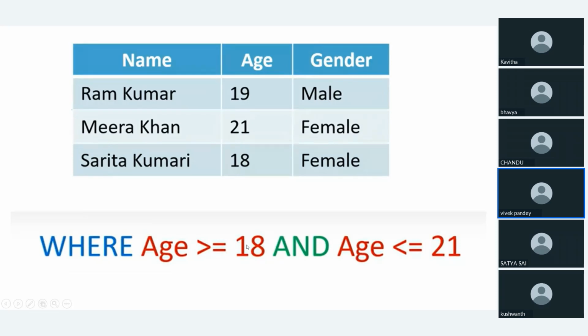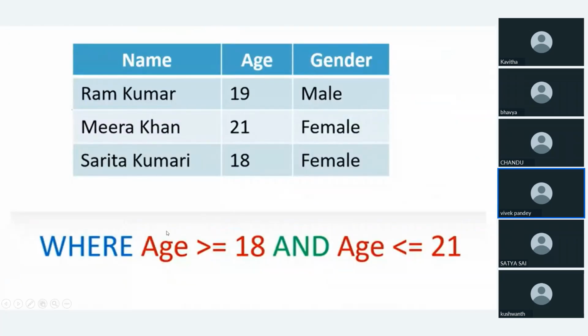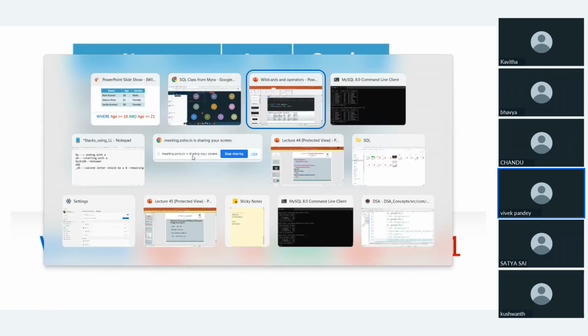Now we can apply this in our table. Whatever table we have created, let's apply this. No need to create the table again and again; we have one big table.